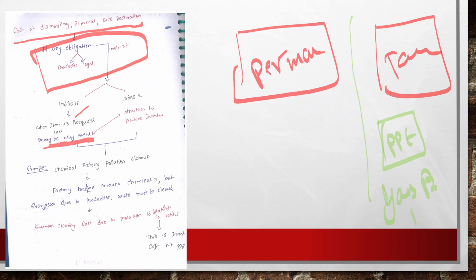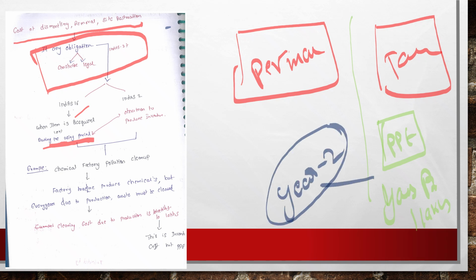Suppose you produced 1 lakh goods, and then in year two, you need to clean this machine to produce another 2 lakh units.